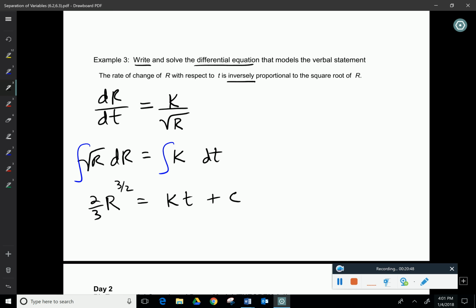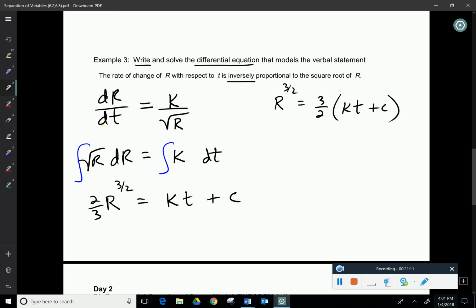Okay, in this case, I need to solve for r. So if I solve for r, let's see. Not only am I going to multiply by 3/2, let's do that first. So r to the 3/2 equals 3/2 times kt plus c.